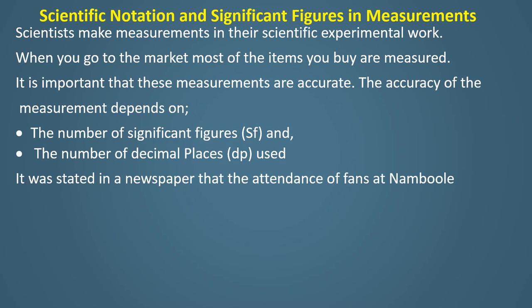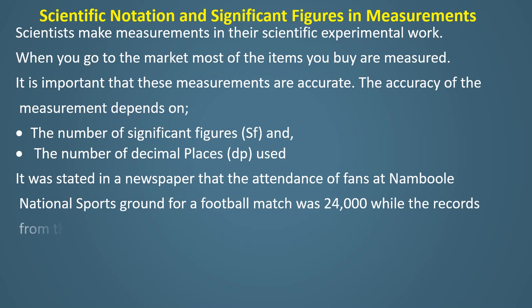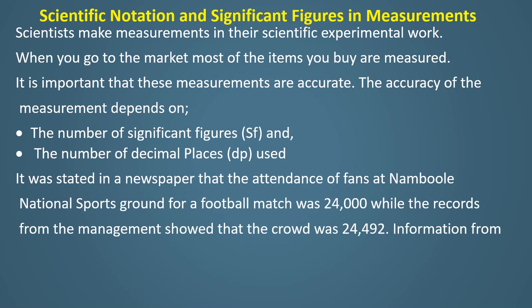Let me just give you an example of a value recorded. It was stated in a newspaper that the attendance of fans at Namboole National Sports Ground for a football match was 24,000.